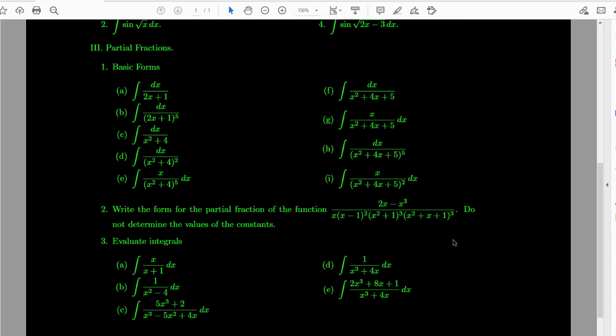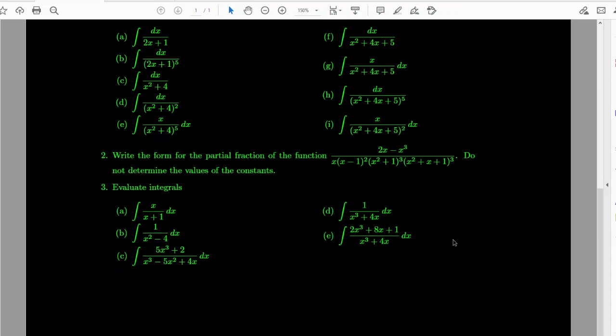If you look at the list of the integrals we are going to evaluate, the integrand in question D is a proper rational function. You see the degree of the numerator is 0. I told you we treat a constant as a polynomial of degree 0. The degree of the denominator is 3, right? That's a proper rational function.